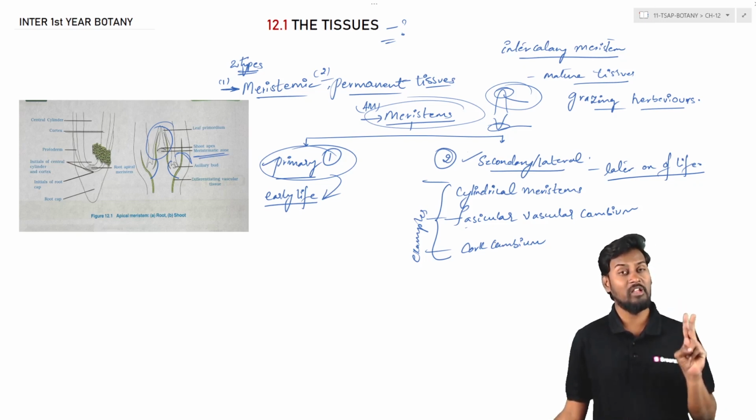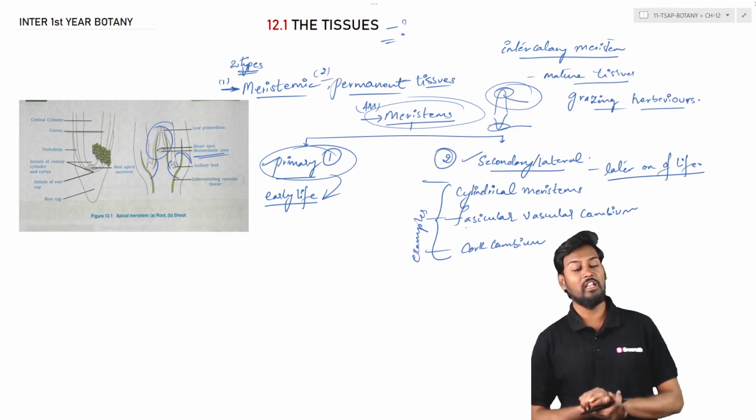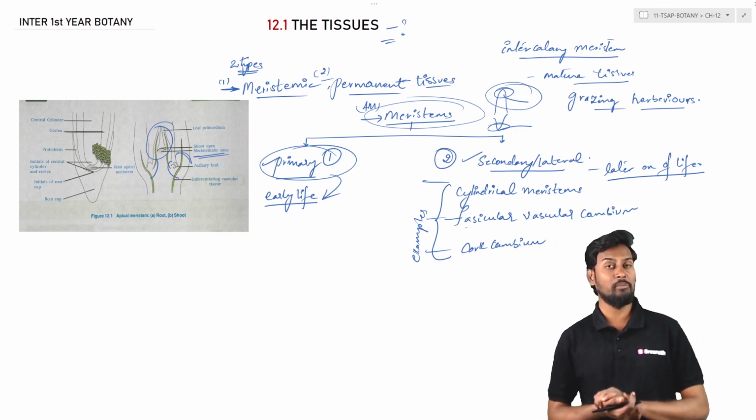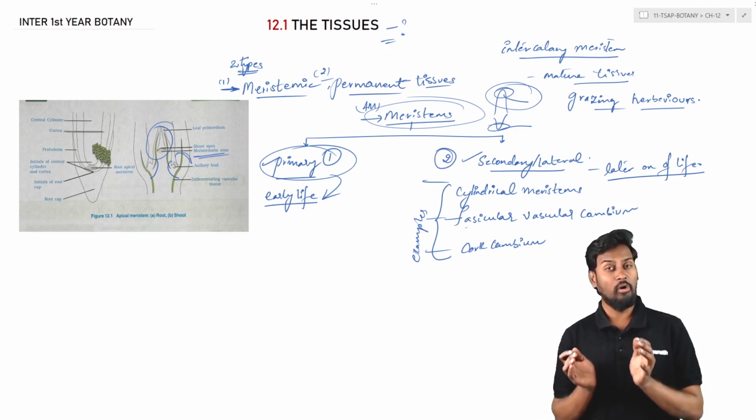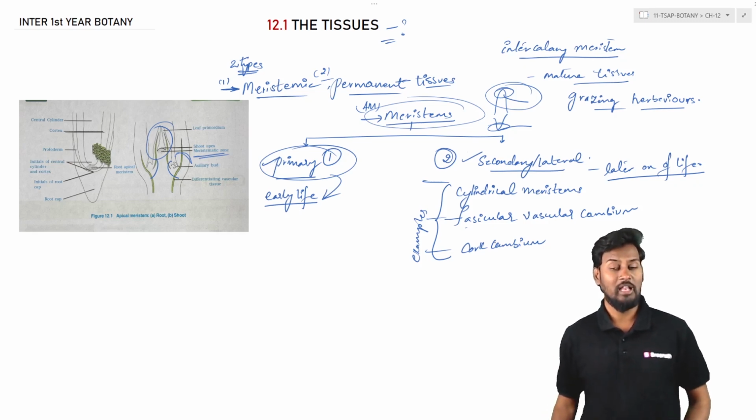Secondary meristem is the one which is later on continuing the function of primary meristem, but it is majorly involved in providing the protection, involved in changing the shape and size of the plant, and generally involved in protecting the plant from various kinds of actions. So ఇక్కడ చూసుకుంటే మనం cylindrical meristem గానీ, vascular meristem గానీ, లేకపోతే cork cambium గానీ, these are the products which are formed during the maturation of the plant from the secondary or the lateral meristem.